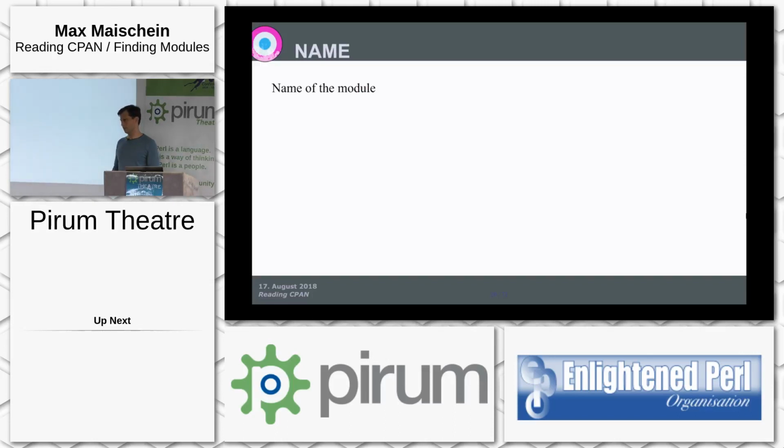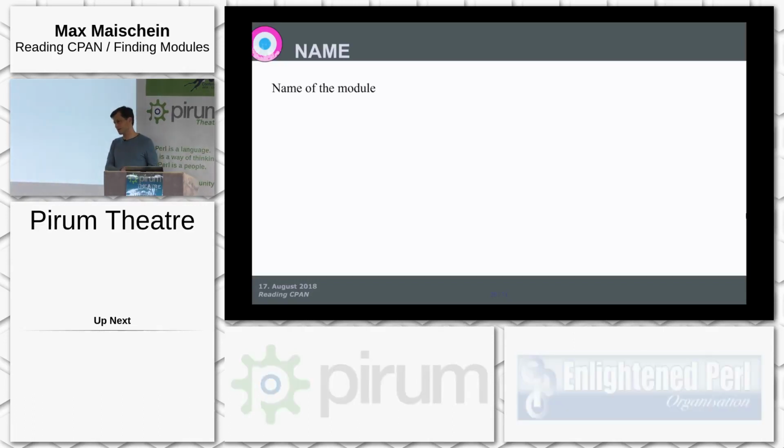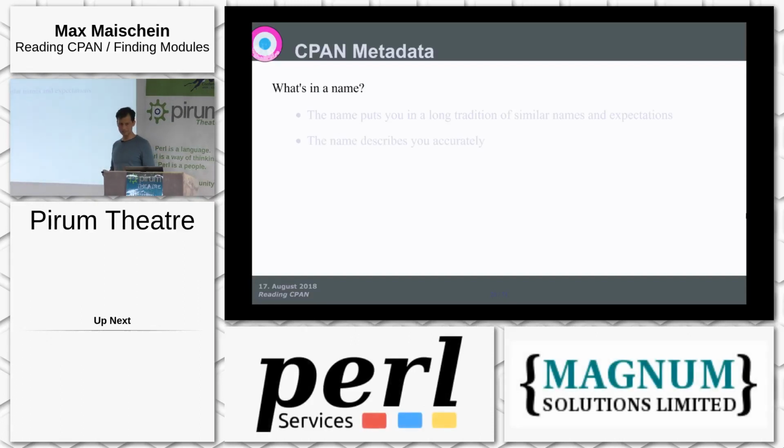The name is just the name of the module. And yeah, if you have kids, you know how it is. You give the module a name, and you likely give that name to put it in a long tradition of similar names that you already gave or already encountered.